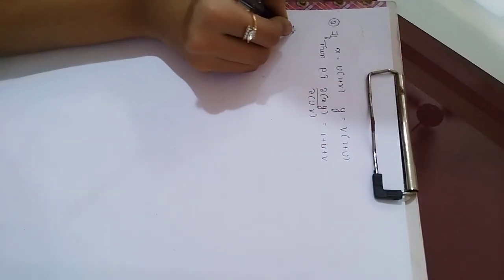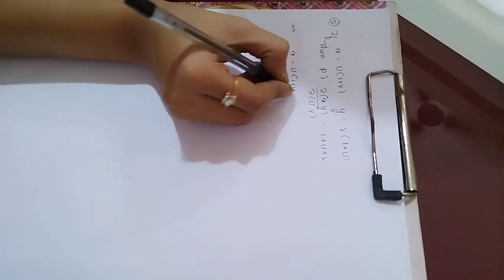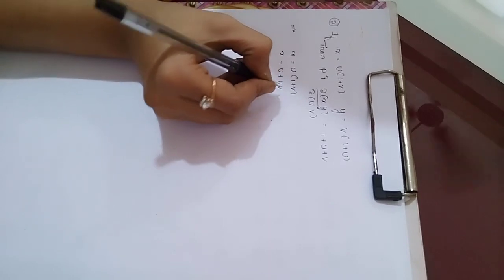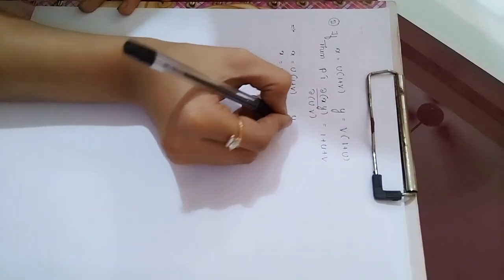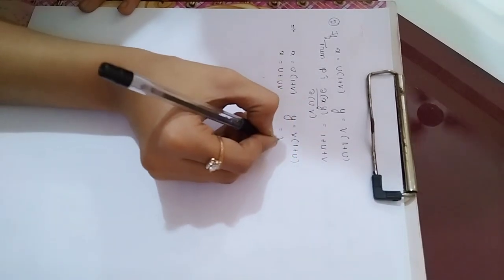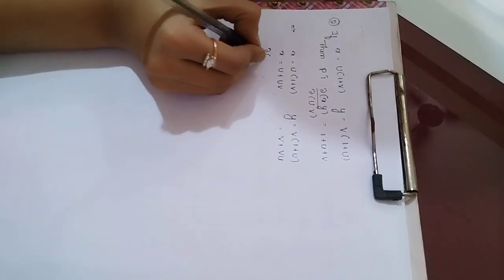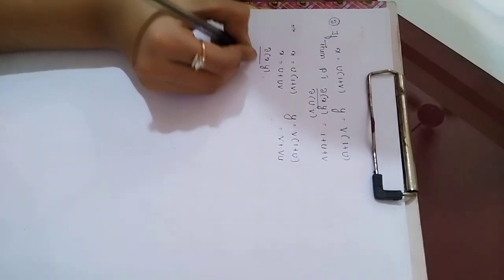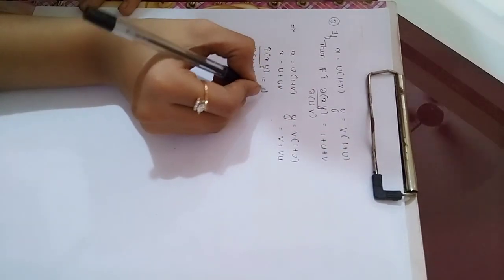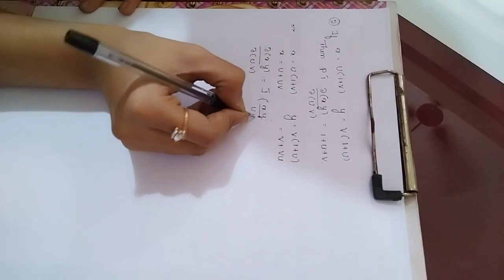So solution, the given term is x is equal to u into the bracket 1 plus v, this can also be written as x is equal to u plus uv, and y is equal to v into 1 plus u, this can be written as v plus v into u. So ∂(x,y)/∂(u,v) is also written as Jacobian of xy divided by uv.